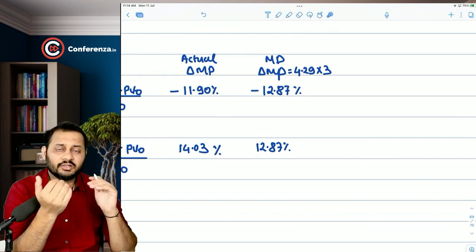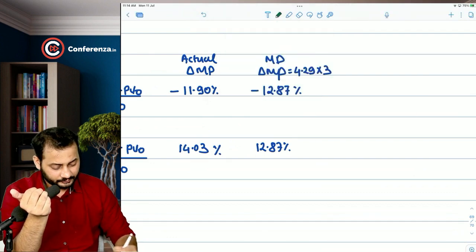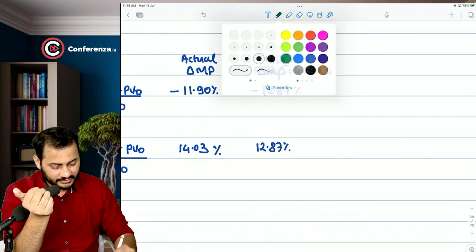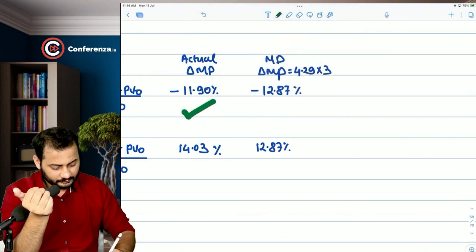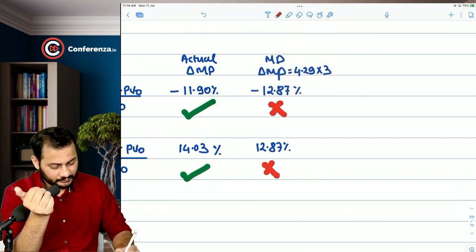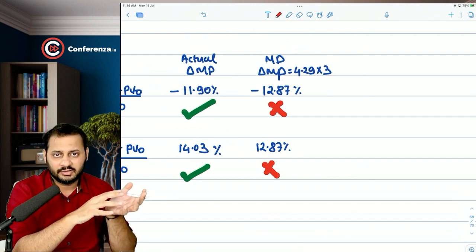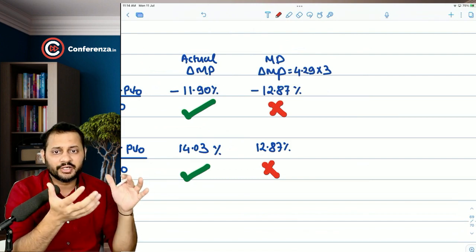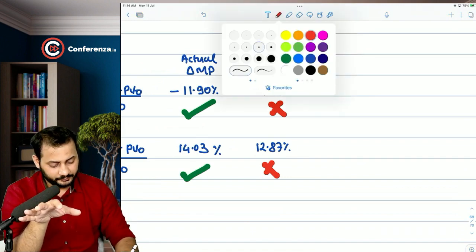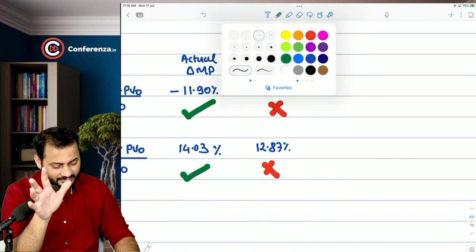In order to reach the correct answer, what is the correct answer first of all? Do you agree with me? This is the correct answer because this is the actual change in the market price. And this is the wrong answer. So we have to adjust the wrong answer to a certain extent to reach the correct answer. The next step will be to do the plus minus things.